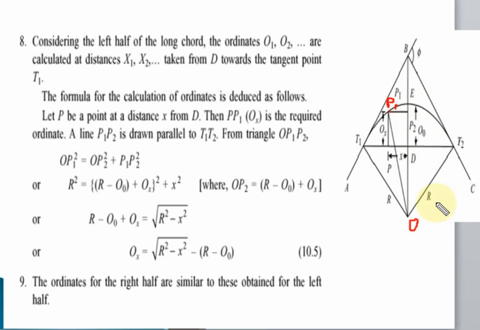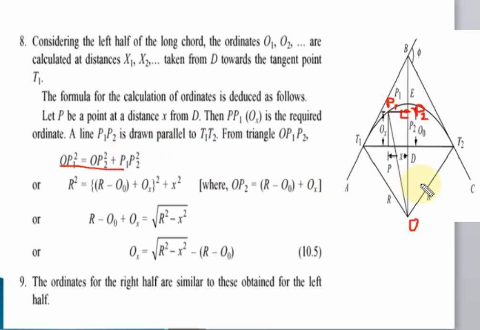Then OP1 square is equal to OP2 square plus P1P2 square. Remember this point is what we call P2. So OP1 square, this is a right angle triangle, OP2 square plus P1P2 square, okay.